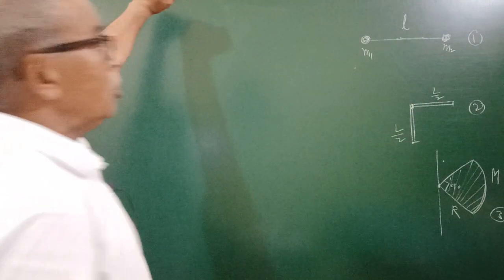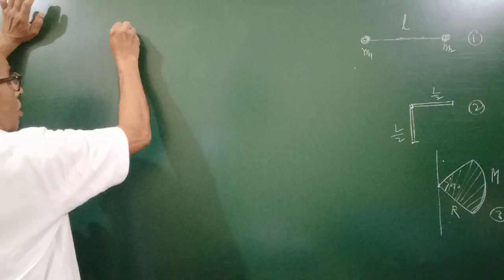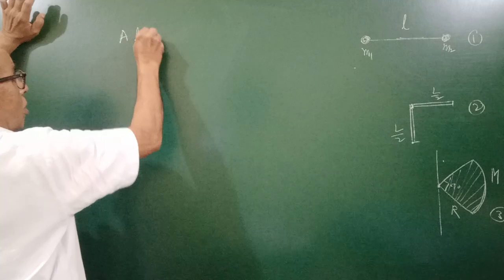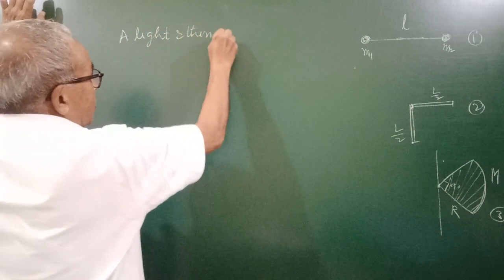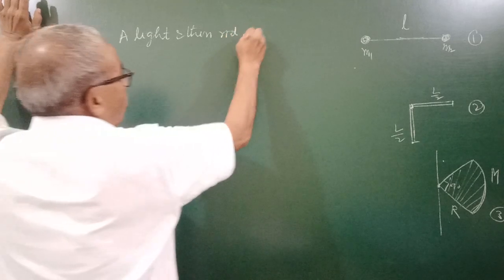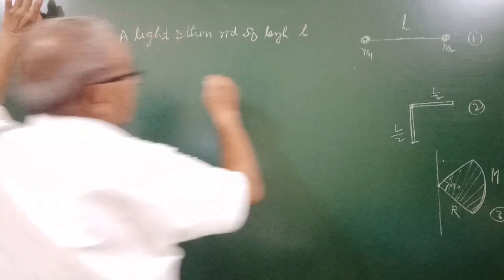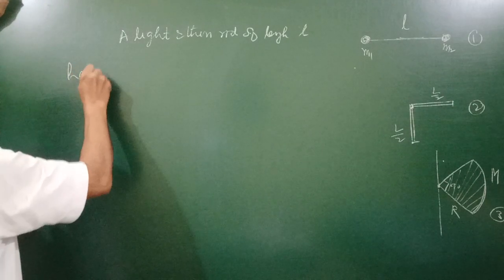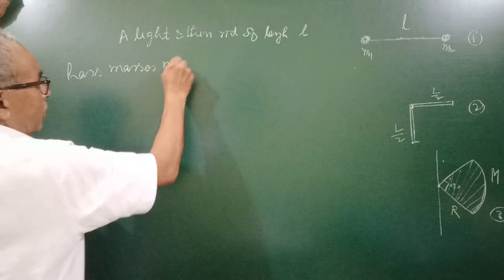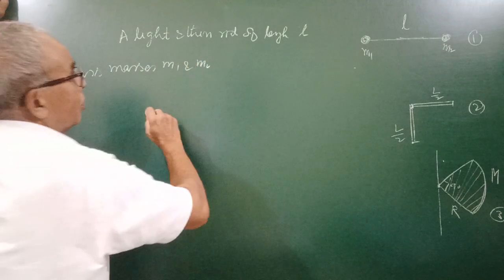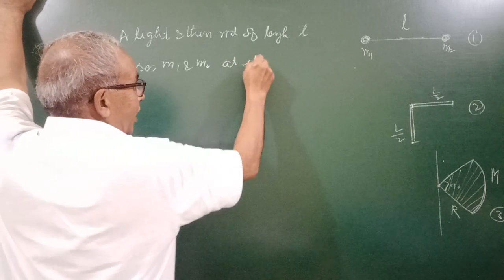In figure 1, a light and thin rod of length L has masses M1 and M2 at its ends.